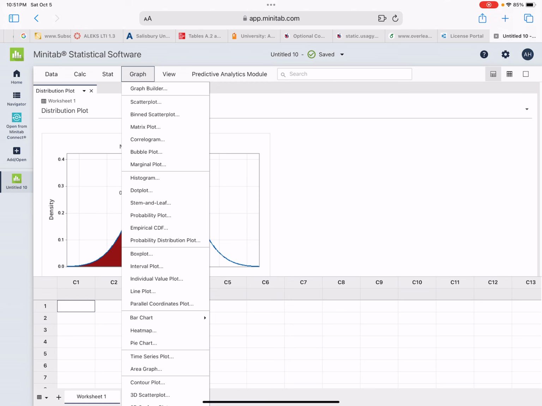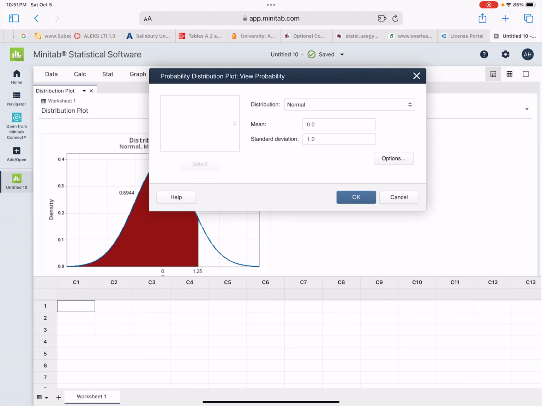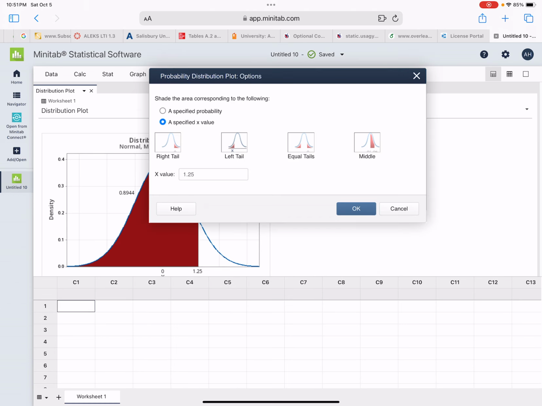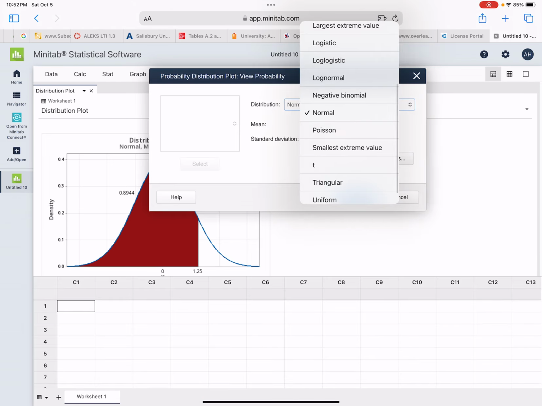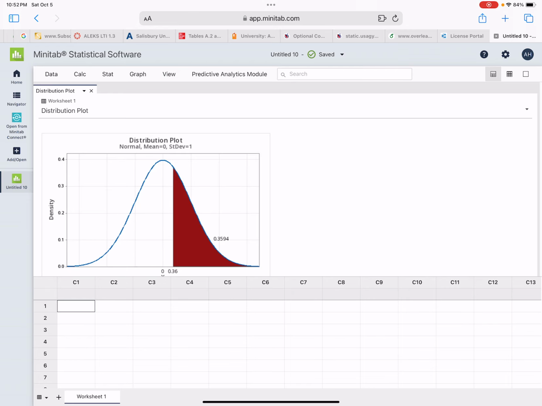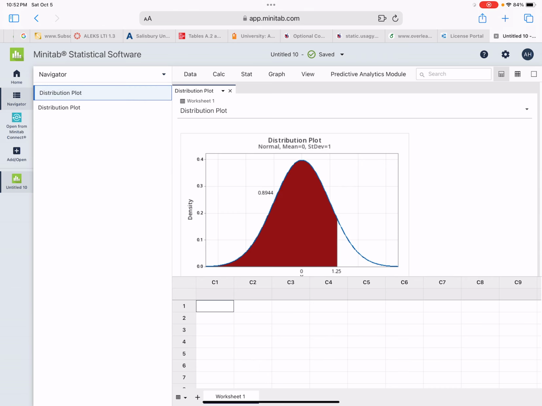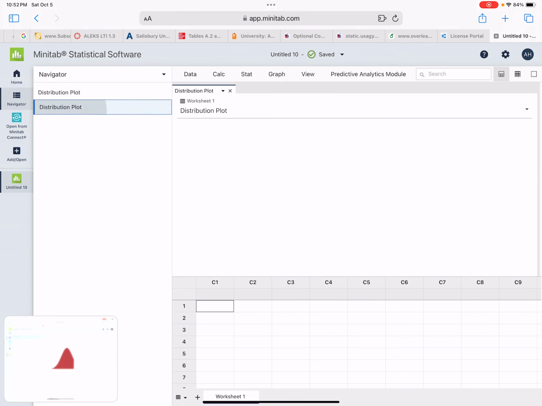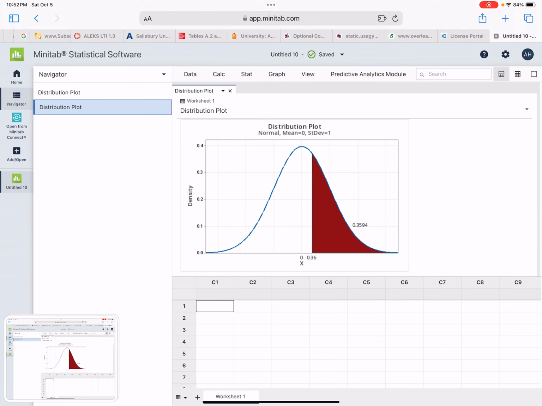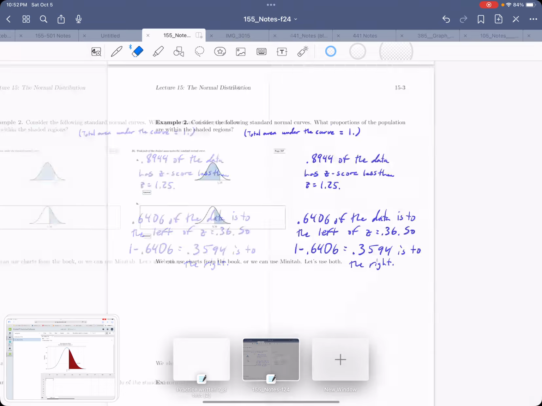Now, for the other example, again, Graph, Probability Distribution Plot, View Probability, Options. Now we want to do right tail, and we want to choose the value 0.36. Press OK. And sure enough, 0.3594. Okay. So let's just get both of these, screenshot them, and then we're just going to paste them over here.